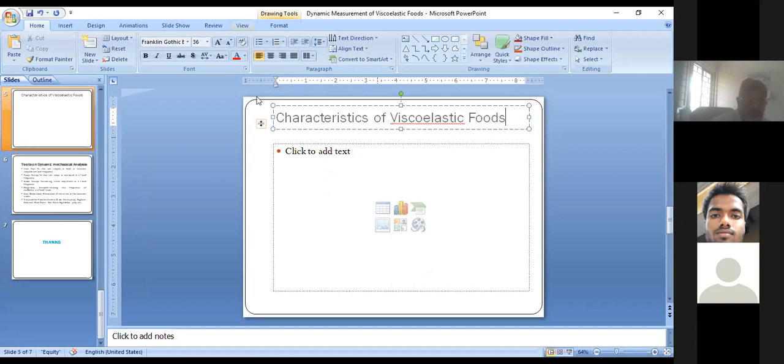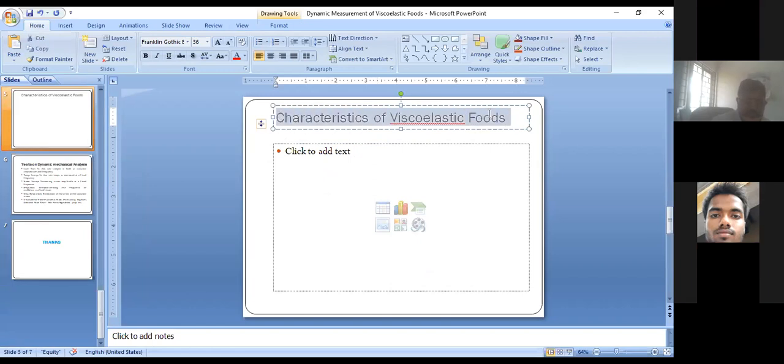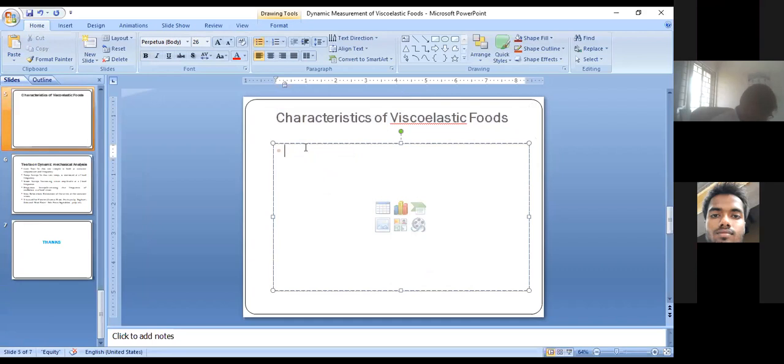This is the characteristics of the viscoelastic foods. Number one is the Weissenberg effect.